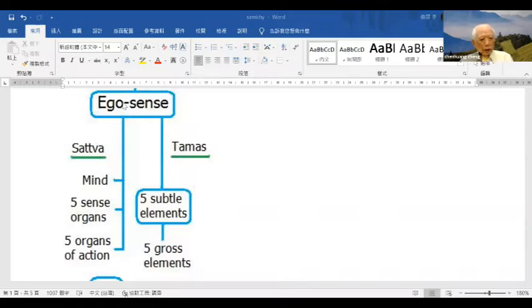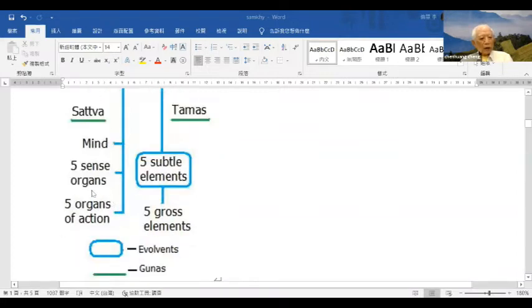From the ego sense, it evolves into two directions. In the direction of mind, we have the five sense organs and the five organs of action. Five sense organs means that we can see, we can hear, we can smell, we can taste, and we can touch.